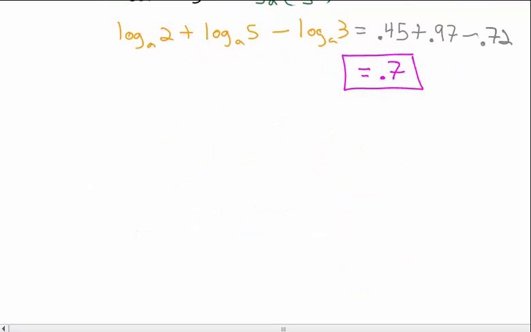Let's do one last example of these. You should have those written down in your notes. I'm not going to keep scrolling up and down. Log 2 is 0.45, log 3 is 0.72, log 5 is 0.97. We're going to find log base a of 8, a to the 5th.